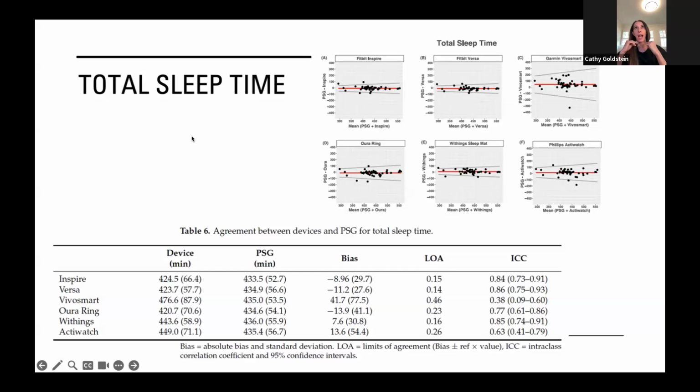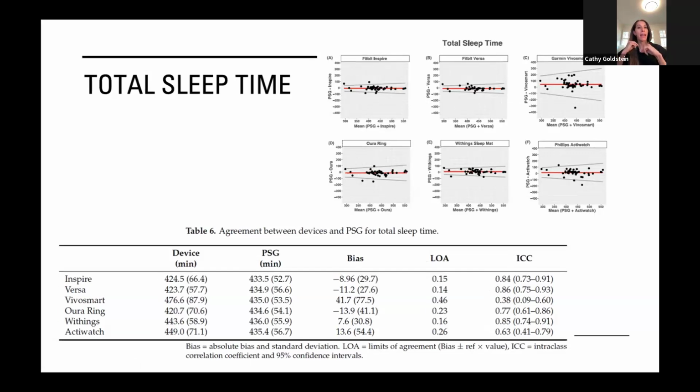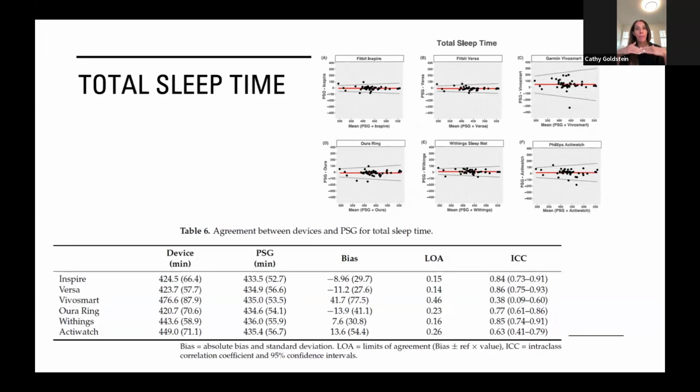And we've written about how these are supposed to be done. What they didn't do is an epoch by epoch analysis. An epoch by epoch analysis is where you compare the actual simultaneous epoch to the device's output at that exact time.